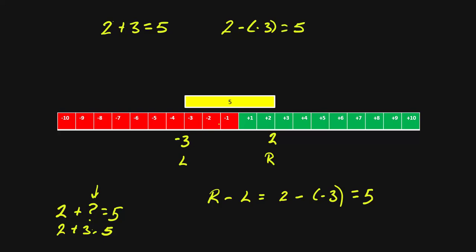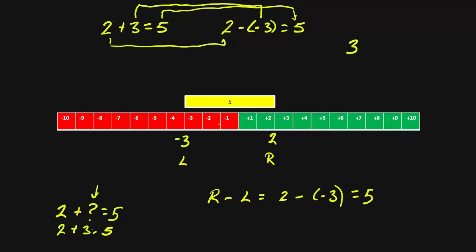Now we're going to look at something called one-to-one correspondence. So in these two equations, this 2 corresponds to that 2. And this 5 corresponds to that 5. That means that this 3 here has to correspond to subtract -3.